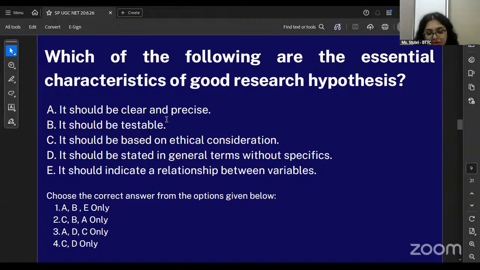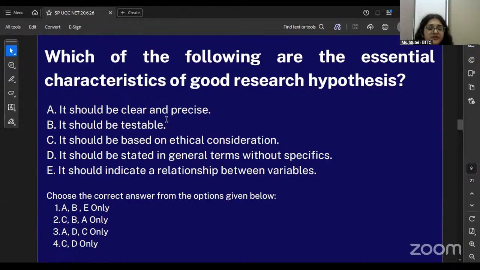Of course, that is also there, because a functional research hypothesis explicitly connects a dependent and independent variable to predict an outcome. So for me, options A, B, E seem correct, but options C and D should be eliminated. That's how I approached this question.